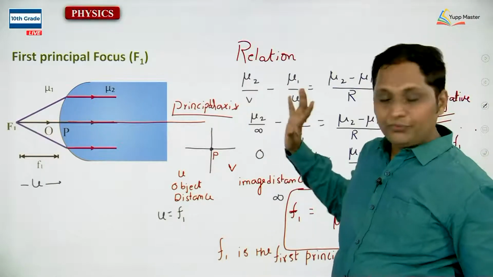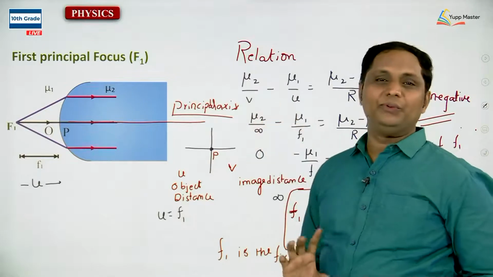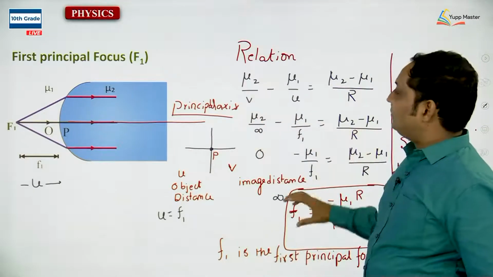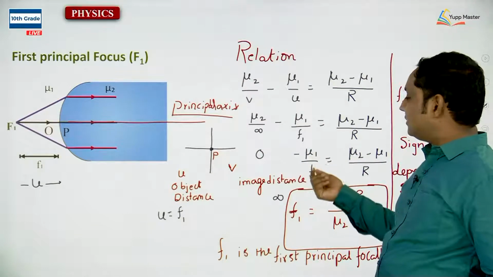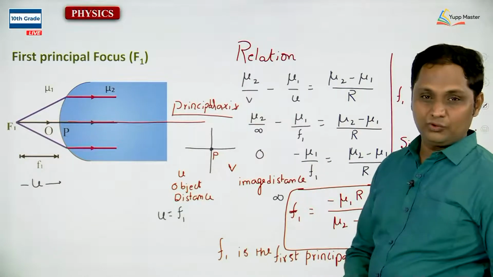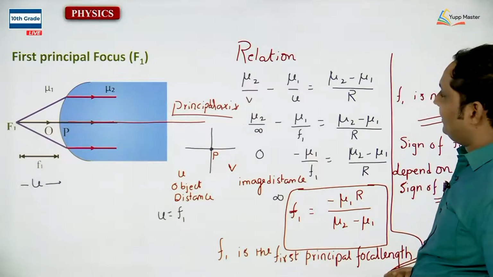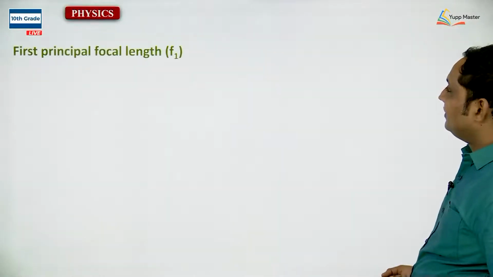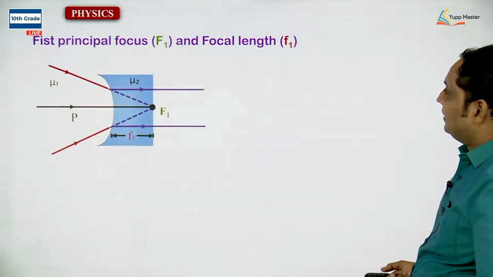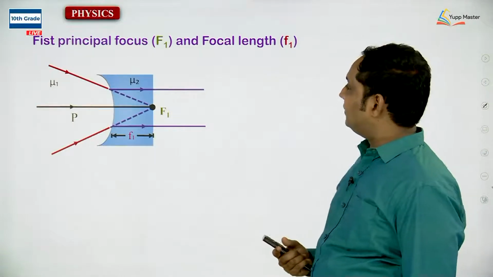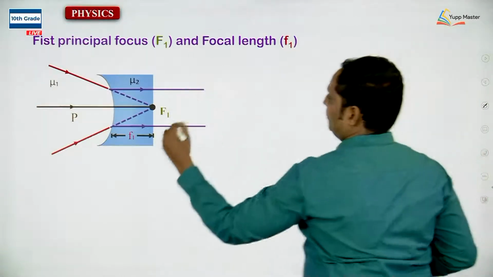But in case of a concave refracting surface, let us see what happens, and we would like to calculate that F1 also and its sign.